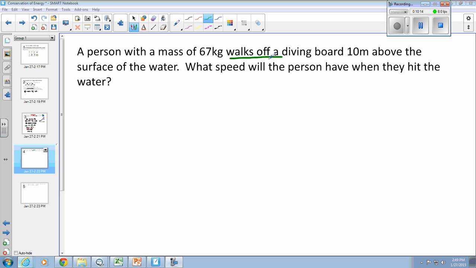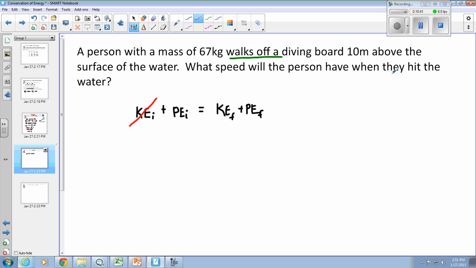Well, if velocity is 0, that whole term would be 0. So if we look at our energy equation, we can recognize that the initial kinetic energy is 0. So it just cancels out. Why is it 0? Because the initial velocity is 0. mv squared over 2, plug in 0 for velocity, you're going to get 0 for the initial kinetic energy.